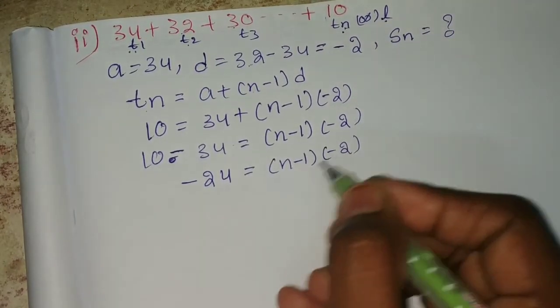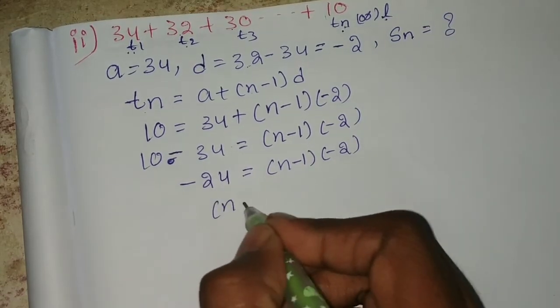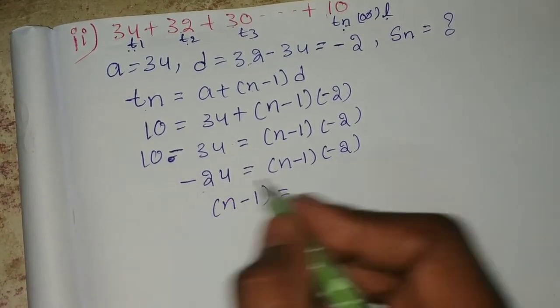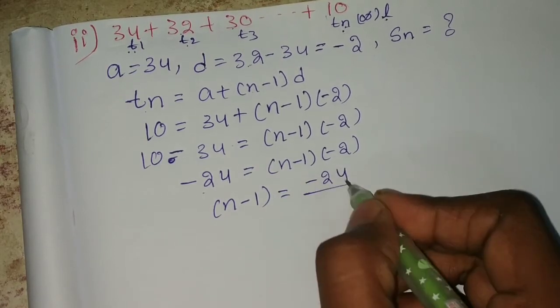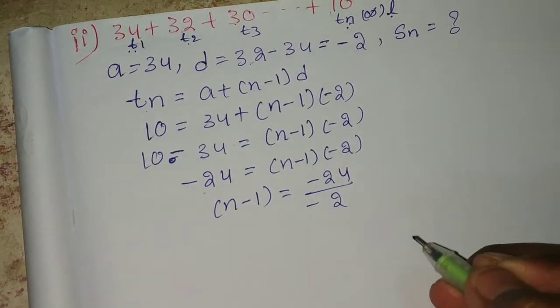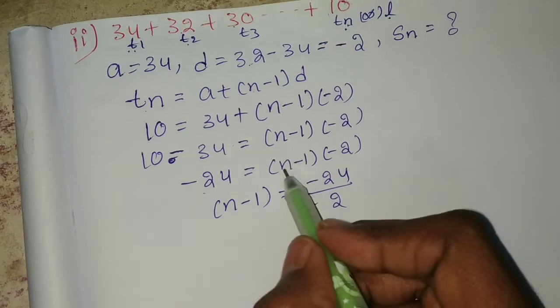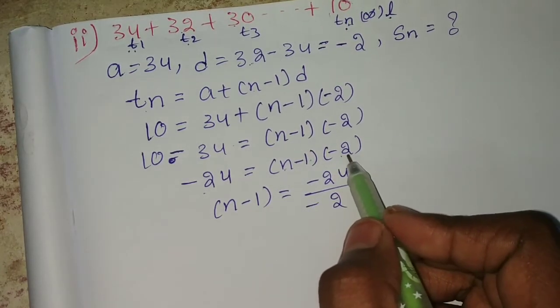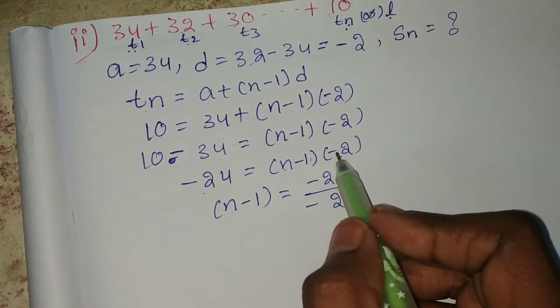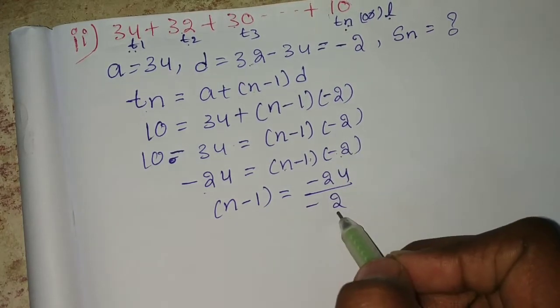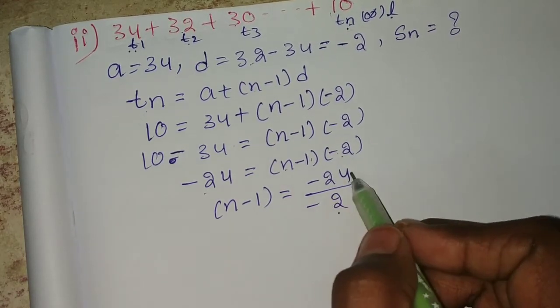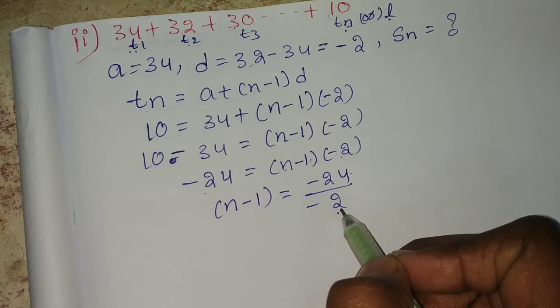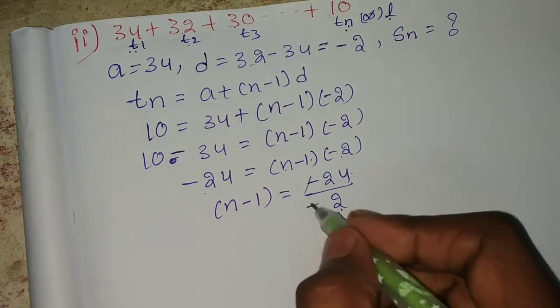Take n minus 1 is equal to minus 24 divided by minus 2. See, this minus 2 will perform division. That is minus 24 divided by minus 2. Are you getting? So, cancel minus minus.